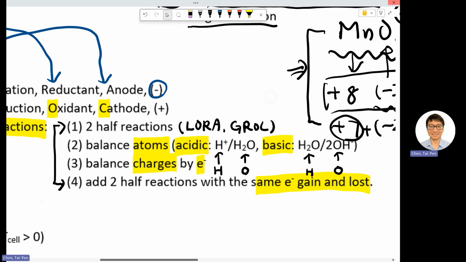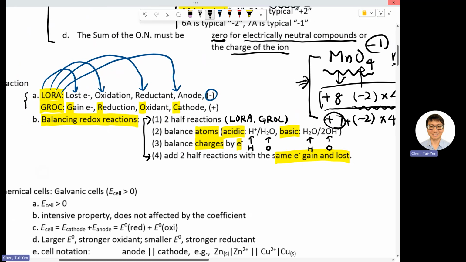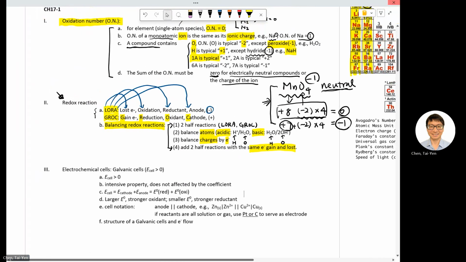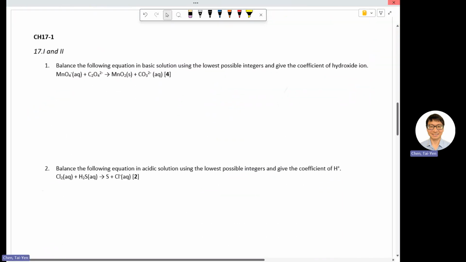So these are the four major steps. We are going to practice a lot in today's lecture, in our homework and our hangout, with questions like 1, 2, 6. We will go through all of them one by one so you can get familiar with this process. All right, let's look at question number 1.